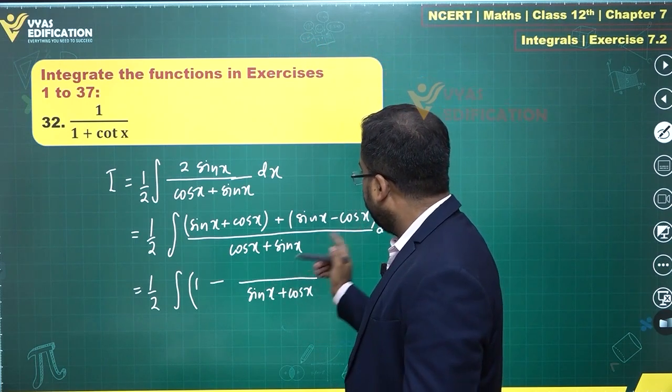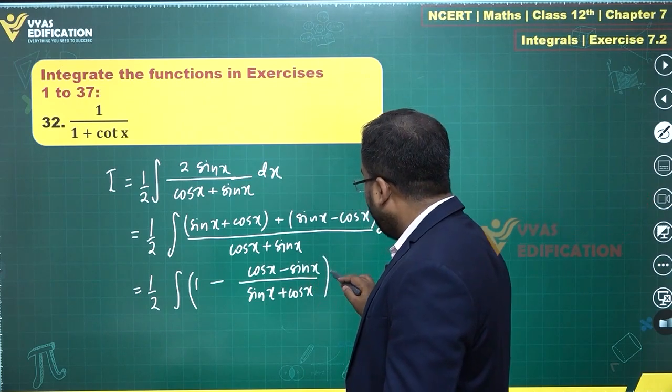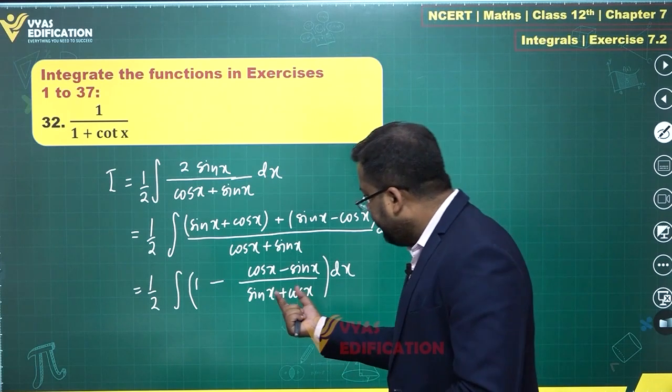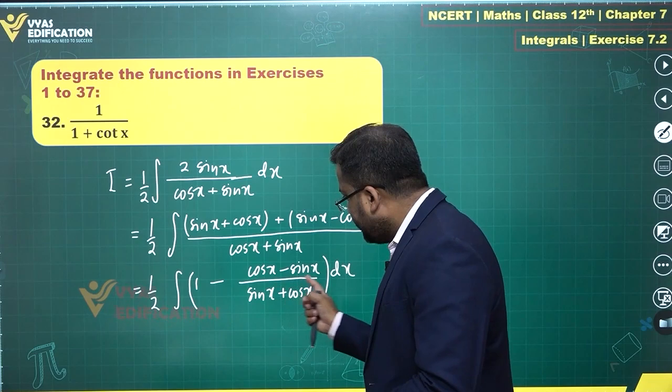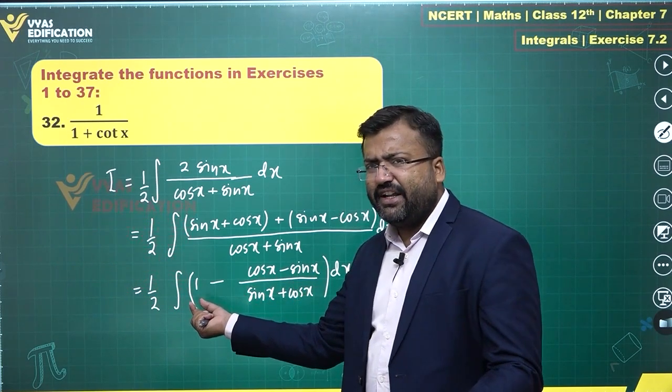In the numerator you can take out a minus common, this becomes cos x minus sin x. Now it is in the exact form in which you want it to be. The derivative of the denominator is present in this numerator. So for the first term, the integral is very simple.